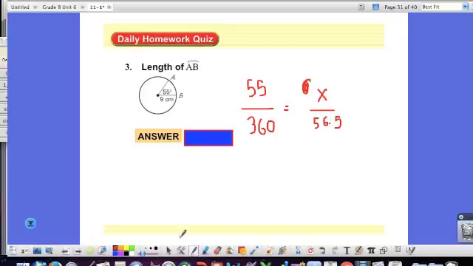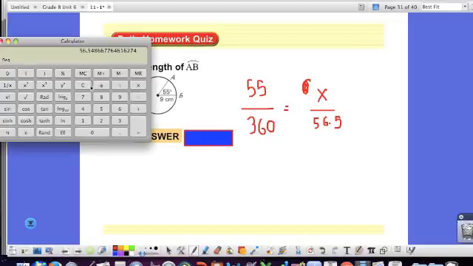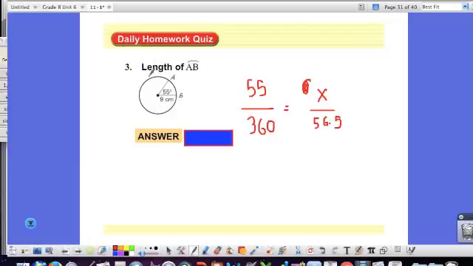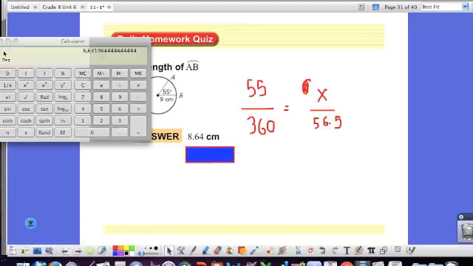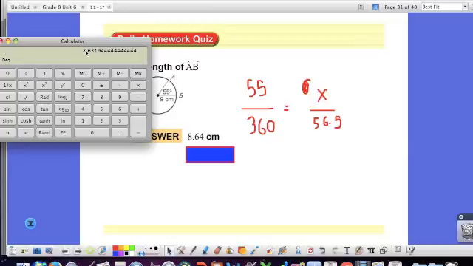So now we're going to cross multiply. 55 times 56.5 is that number divided by 360 is 8.63. I must have rounded wrong when I said 8.63. No, it's going to round to 8.63.